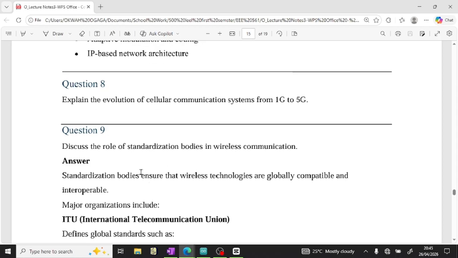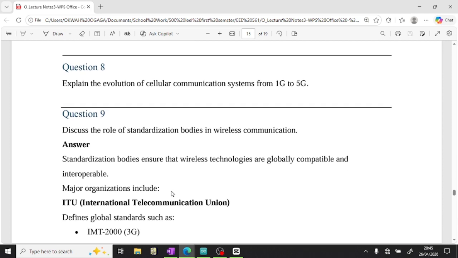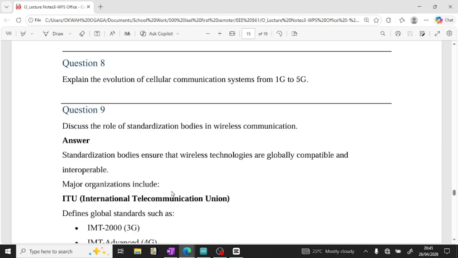They ensure that the wireless technologies are globally compatible and what? Interoperable. The idea is that whichever technology you are using in your own country, whichever means of communication, it should be compatible. It should be what? Globally what? Compatible. Do we get it?